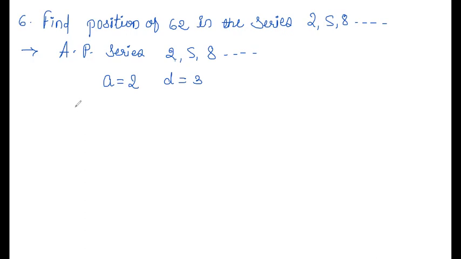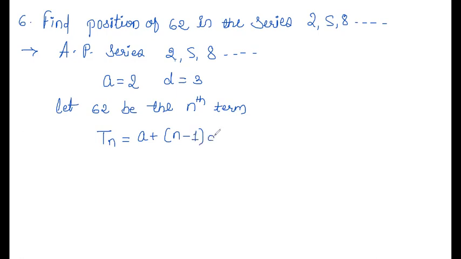Let 62 be the nth term. Then Tn is equal to A plus n minus 1 into D, formula आपल्याला माहिती आहे. And as we considered 62 is the nth term, so 62 is equal to A, that is 2, plus n minus 1 into D, that is 3.